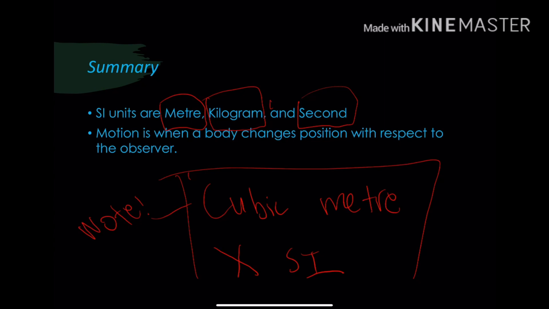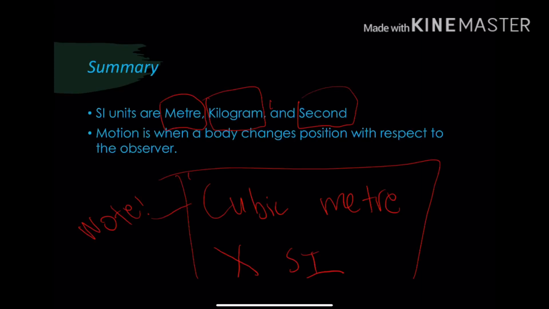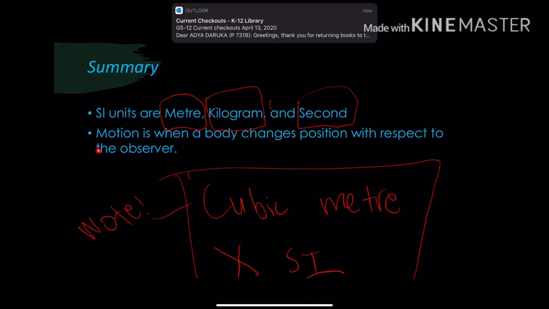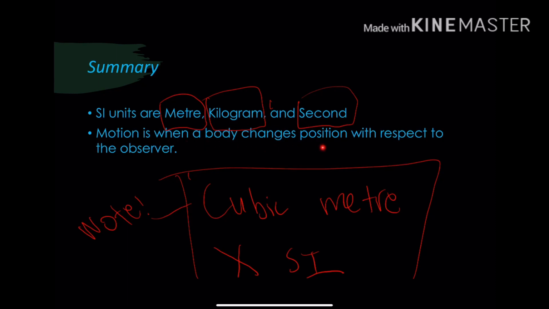Motion is when a body changes position with respect to the observer. Let me just take a blank slide. What this means is, look at my laser: motion is when a body changes position with respect to the observer.